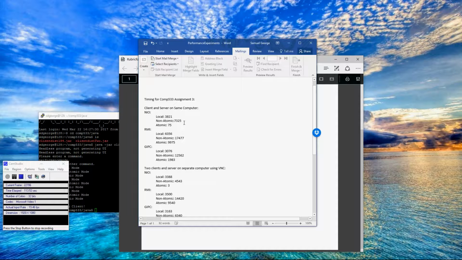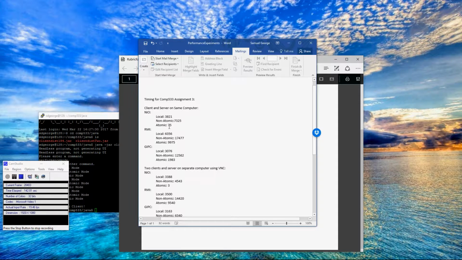Zooming in on this, in general, non-atomic is almost always slower. This is a combination of the fact that you have to do your local commands and intersperse them with sending commands. So particularly if you're on a slower, one-processor system, you'll have to switch between doing your UI commands and sending to the server, and even if you ignore the server's response, you still have to check for it.